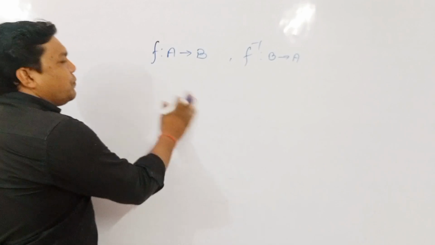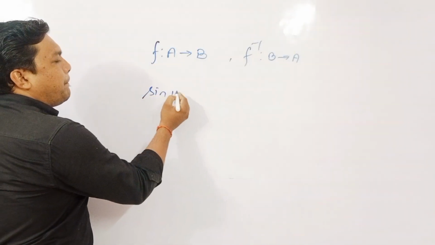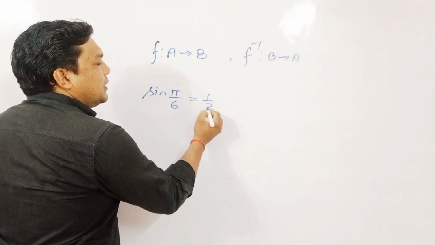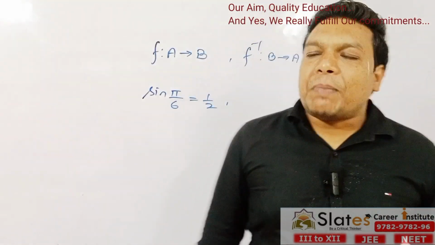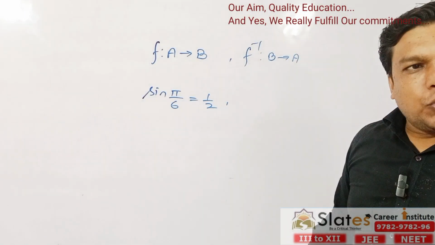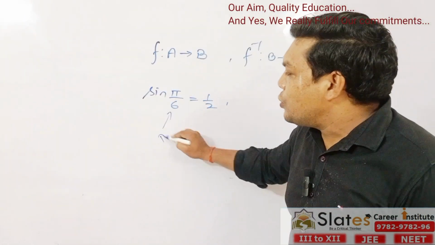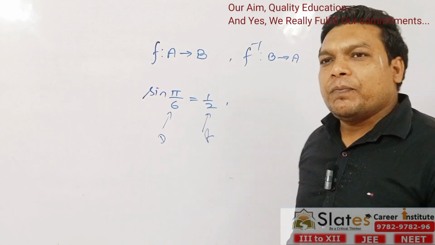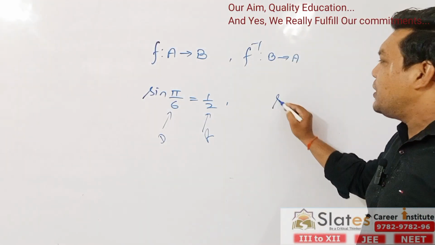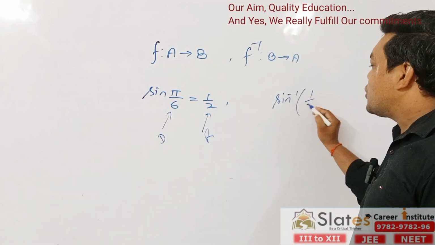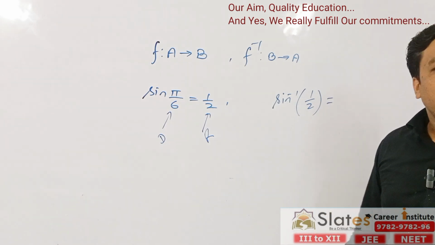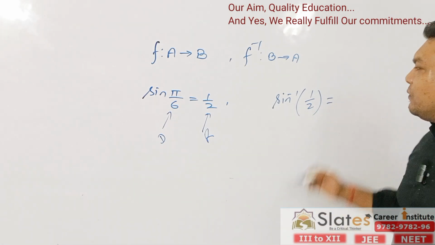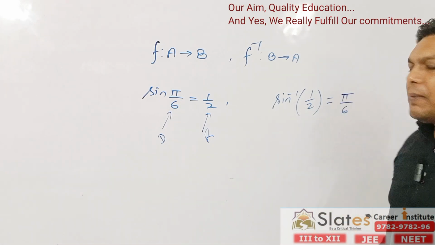Now let's see what we have. Sine pi by 6 is 1 by 2. Here pi by 6 is the domain, 1 by 2 is the range. If we talk about the inverse function, sine inverse of 1 by 2 should be pi by 6.